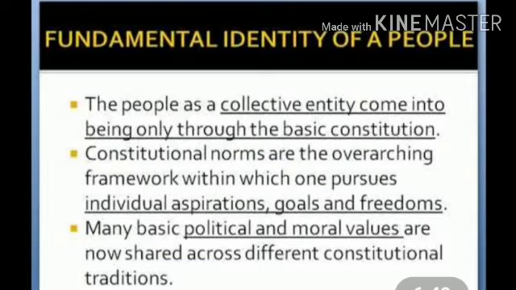One has many sets of identities that exist prior to a constitution. Before making and before implementing a constitution, everyone has several identities. But by agreeing to certain basic norms and principles, one constitutes one's basic political identity.